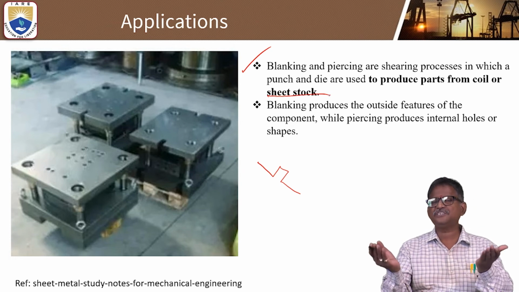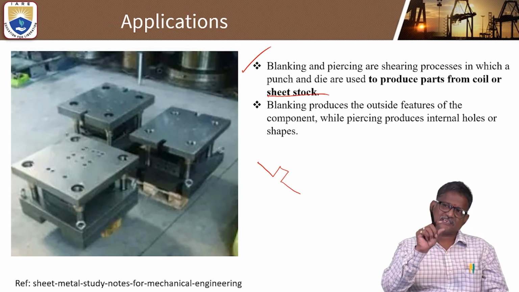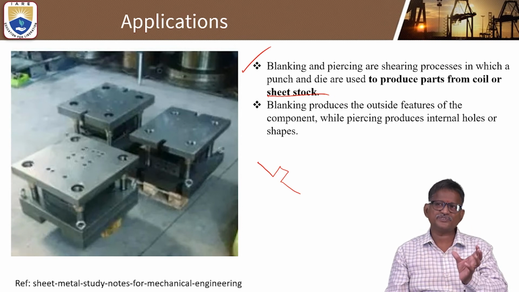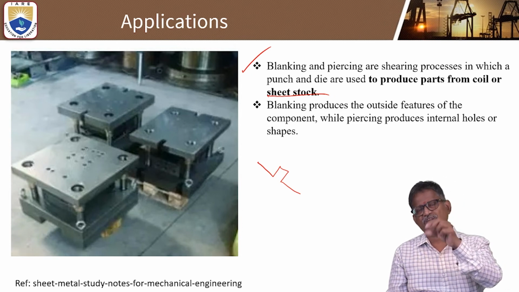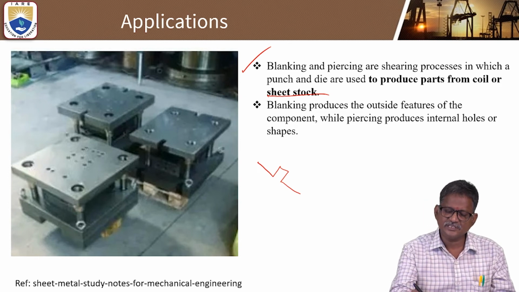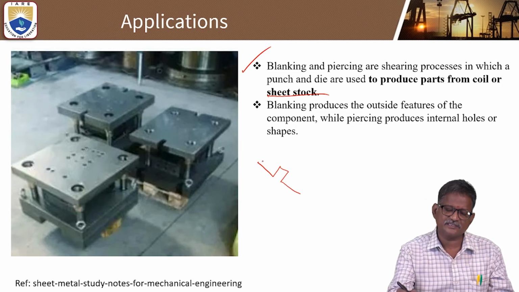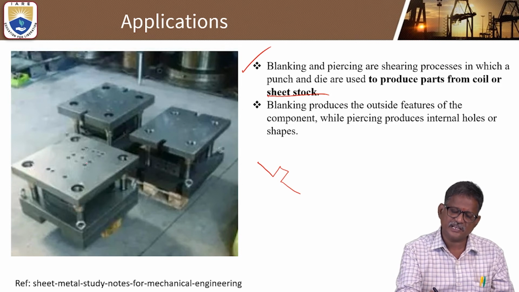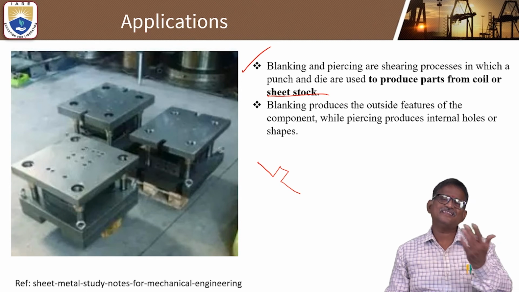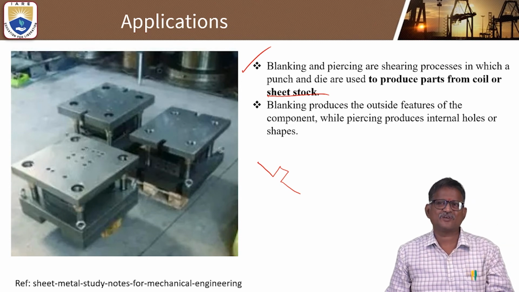If you take any sheet or stock having thickness, even more thickness, how are we able to produce coil shapes and circular and different rectangular shapes of holes? This is a channel, meaning rectangular shape, and this is a circular shape with a small nominal diameter. That type of thing can be easily done by the blanking and piercing operation.